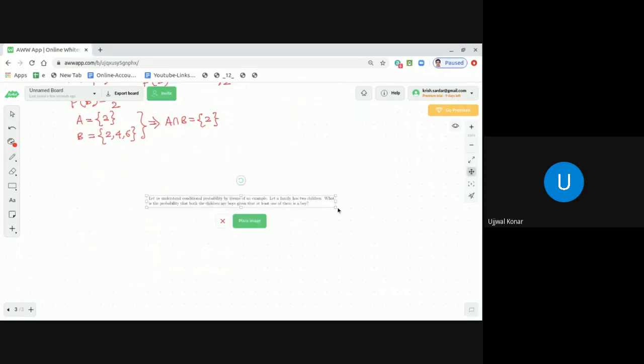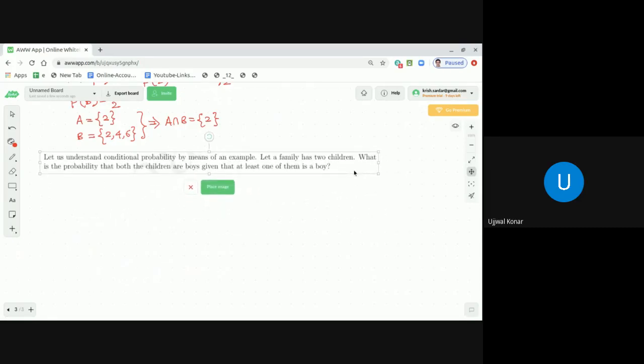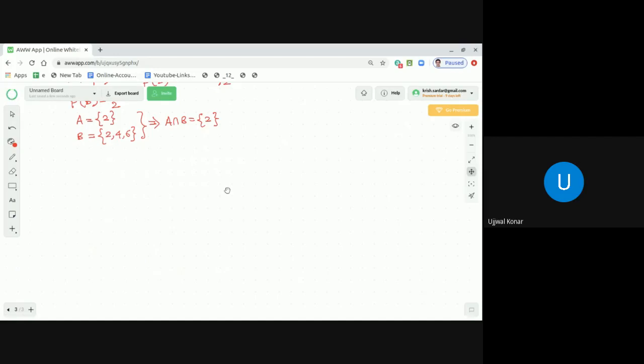You will like it. What is that example, dear students? Let a family have 2 children. What is the probability that both the children are boys, given that at least one of them is a boy?